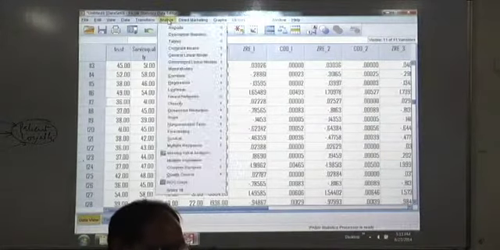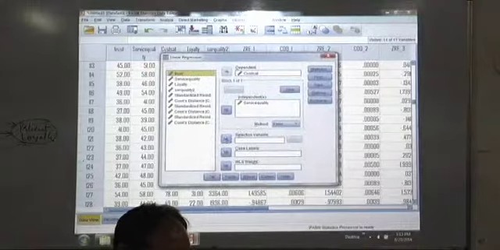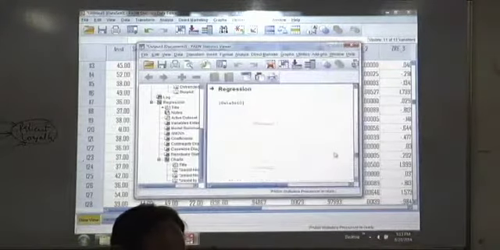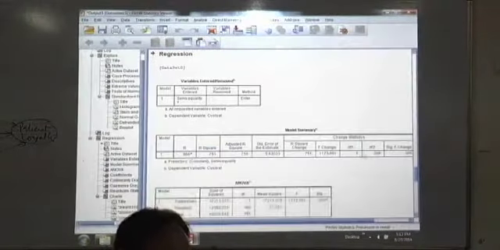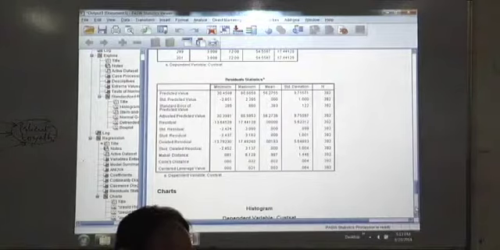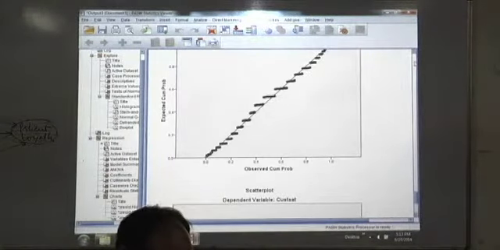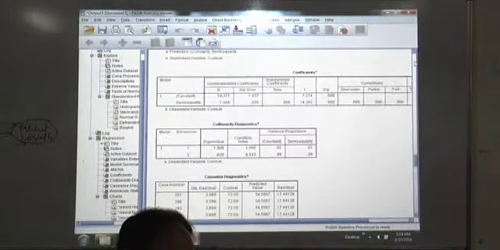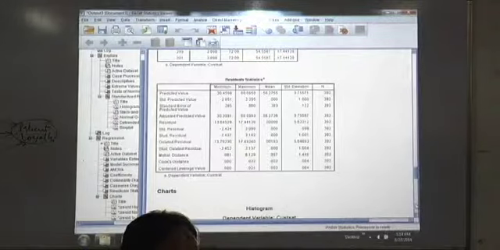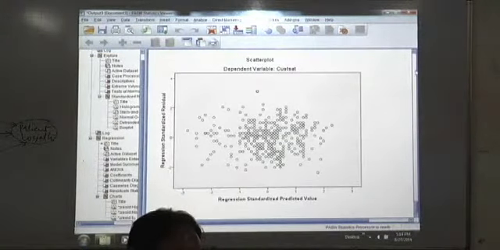All right, go to analyze, go to regression, go to linear, same. 0.750, 0.751. Significant improvement. In this, the case summary is indicating outliers.